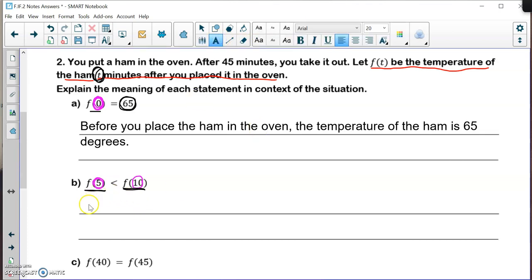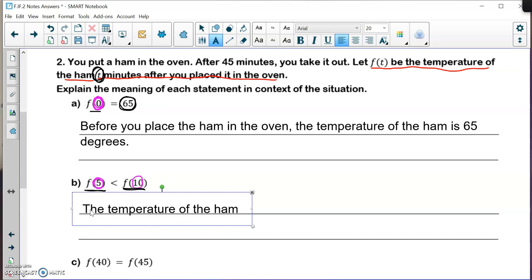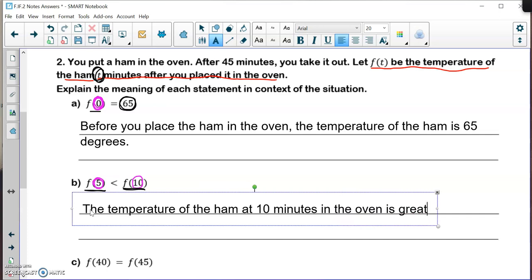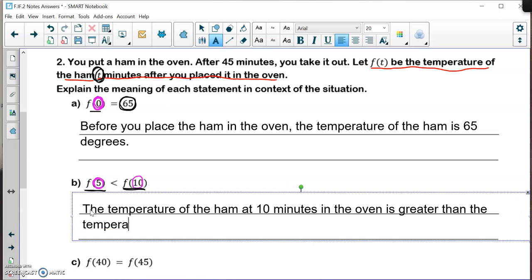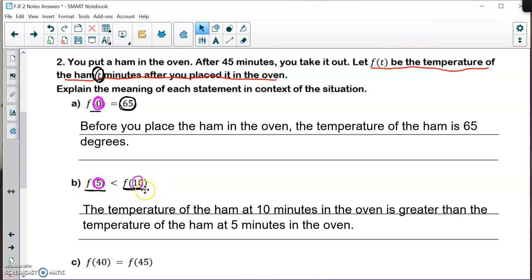So basically what this is saying is that the temperature of the ham at 10 minutes in the oven is greater than the temperature of the ham at 5 minutes in the oven. Which makes sense, because the longer you have the ham in the oven, the higher the temperature of the ham is going to go.